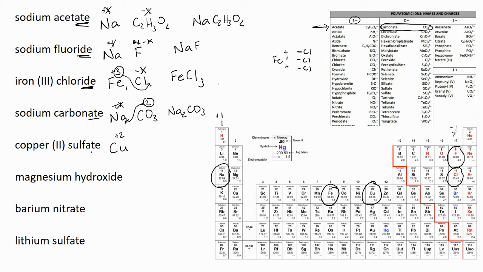And again, we can look at the ending for sulfate and see that it ends in ATE, not IDE. So that means that we should look for sulfate in our polyatomic ion table. And sulfate is right here, SO4 2-.